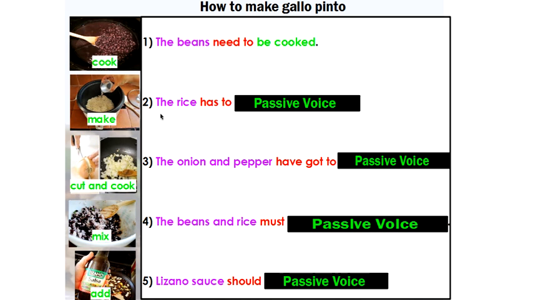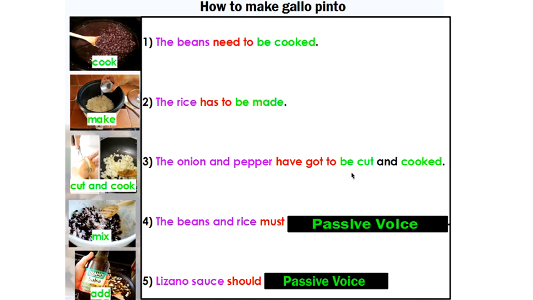Very good. Next is the rice. So, the rice has to be made. Again, the modal has to be in the base form, and my past participle made. Very good. Okay, the onion and the pepper, right? The vegetables, we'd say the onion and the pepper have got to be cut and cooked.